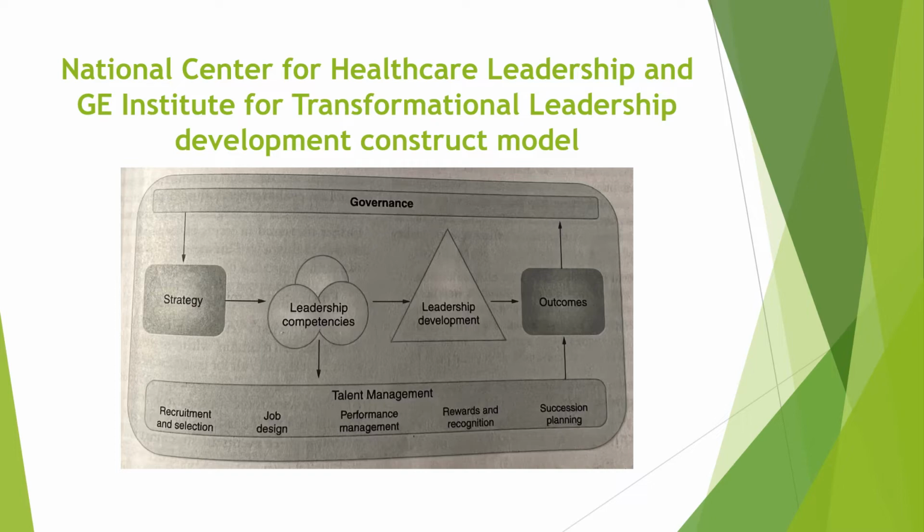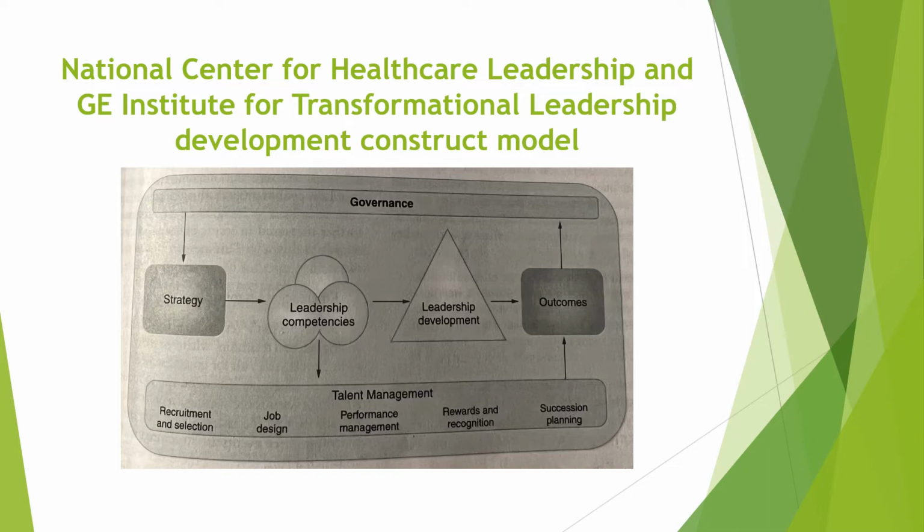Now, as you can see, it's a pretty straightforward model, and from leadership competencies, there's also talent management, which would be referenced with your recruitment and selection, job design, performance management, rewards and recognition, and succession planning.